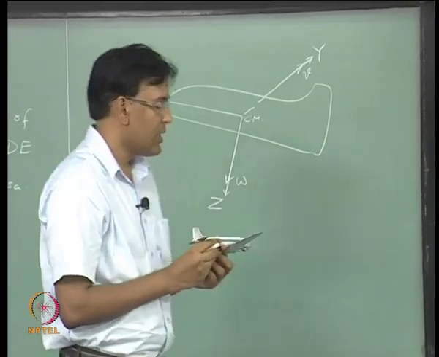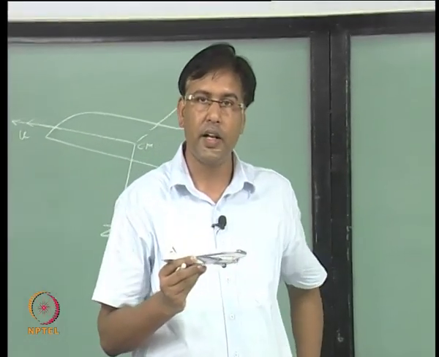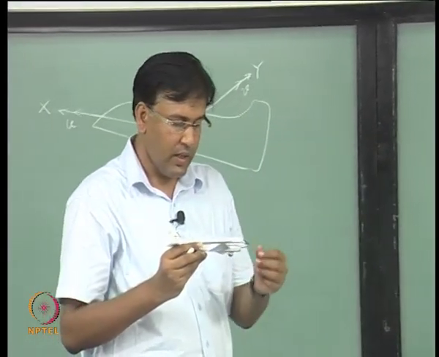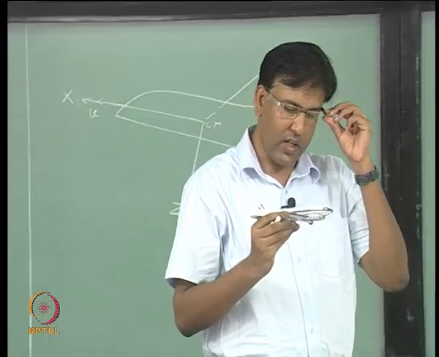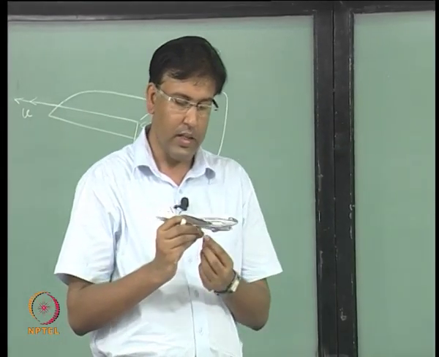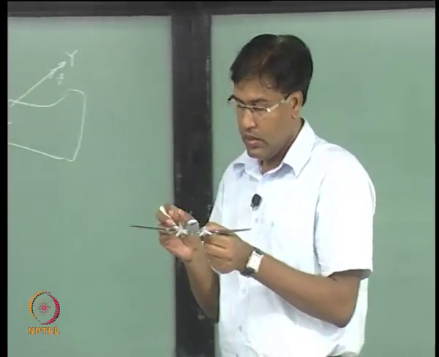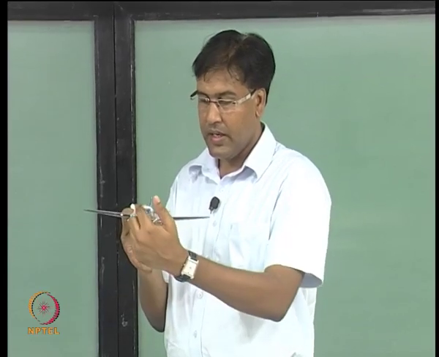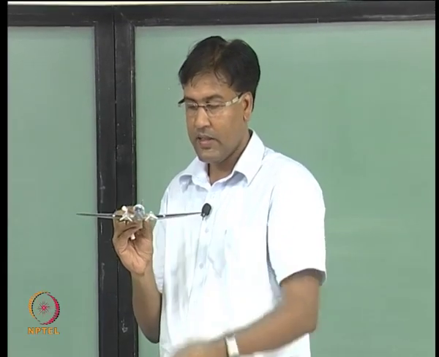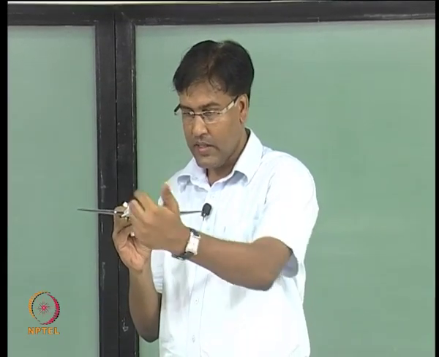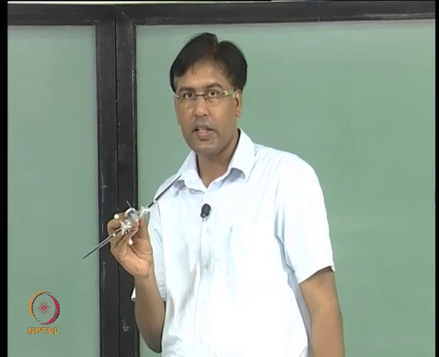This gives you 3 translational degrees of freedom of the aircraft. Talking about 3 rotational degrees of freedom, the roll motion of aircraft is defined along the x axis of the aircraft, and it is like this.